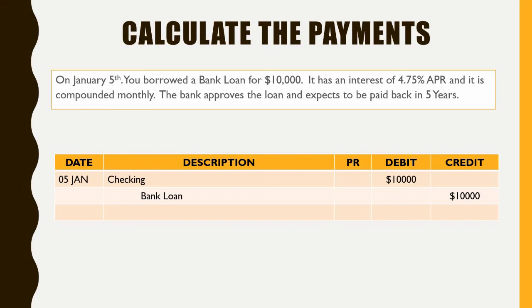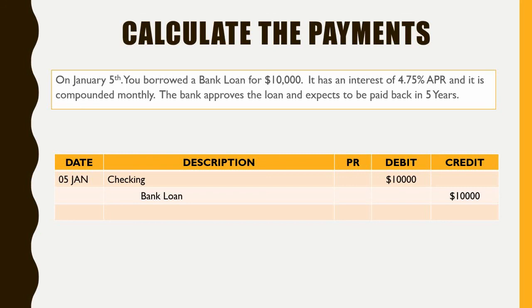Because when we borrow money, we're essentially getting money and owing a liability. But we also have to look at how much interest is going to be compounded and how much you're going to be charged every time. Most bank loans are compounded every month. Some go as far as every day. So our assumption is that you're going to be compounded every single month, especially when you have to make those monthly payments.